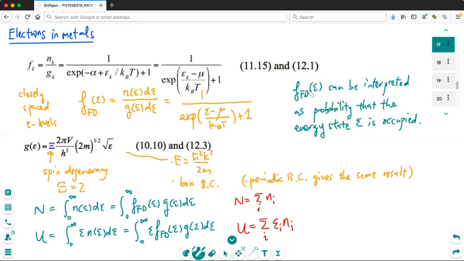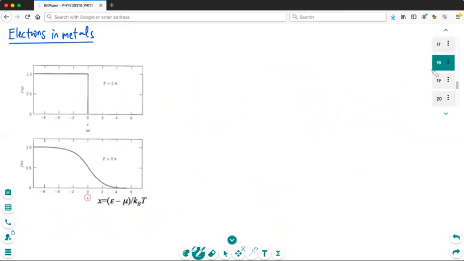Okay, so let's have a look at this function, this Fermi-Dirac. So let me write this again. This Fermi-Dirac is 1 over exponential. Okay.